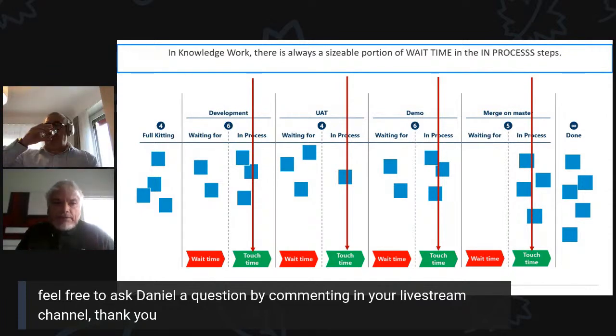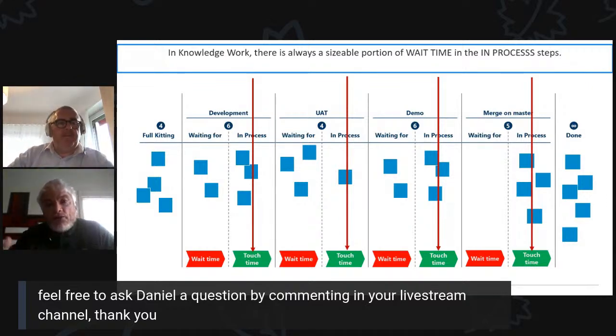And he understands that the more his work is in wait time, the more he wants it to go into touch time. But the people in touch time are going to say, hey, if you put too much of your work in my touch time, I'm going to have a lot of wait time in my touch time.